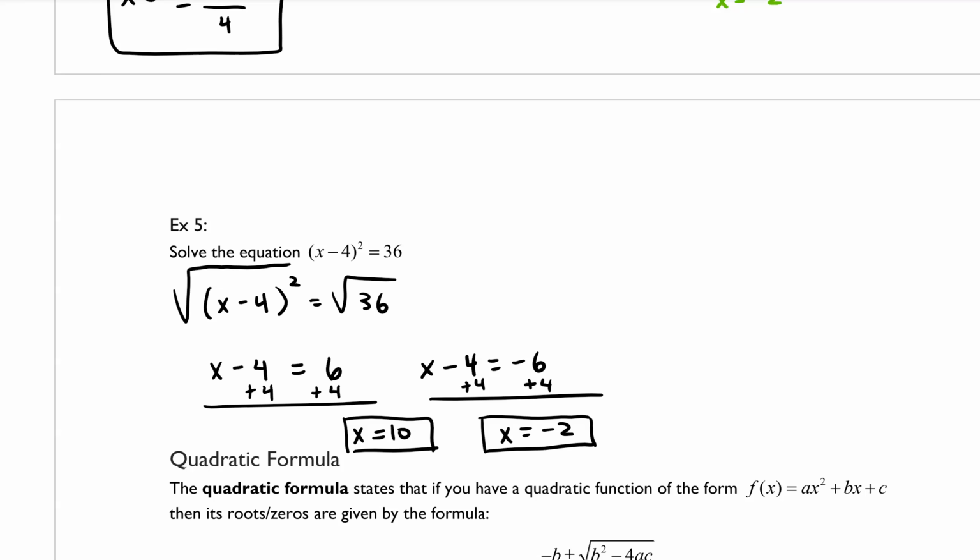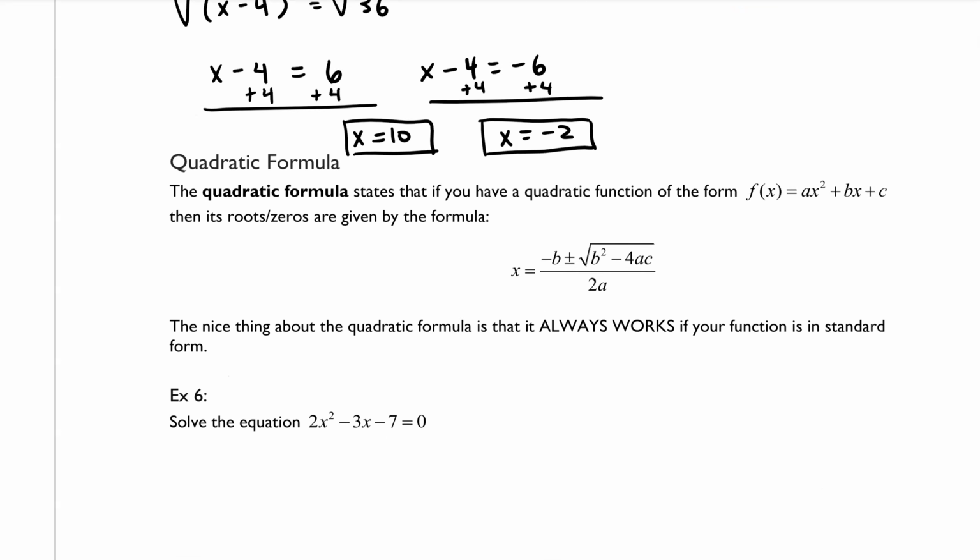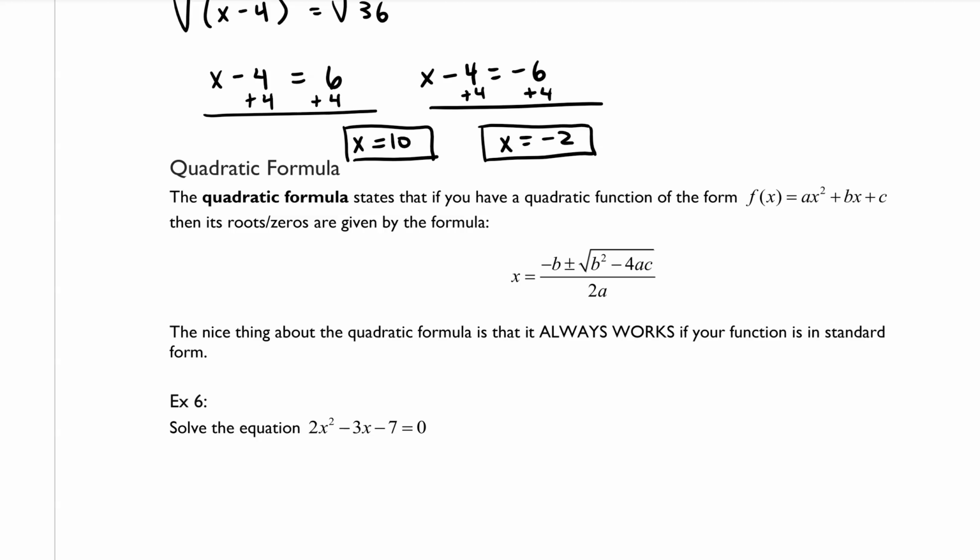All right, so earlier in these set of videos, I said that standard form is really nice when we're trying to use something called the quadratic formula. And the quadratic formula, alongside factoring and the square root method, is another method to solve quadratic equations.